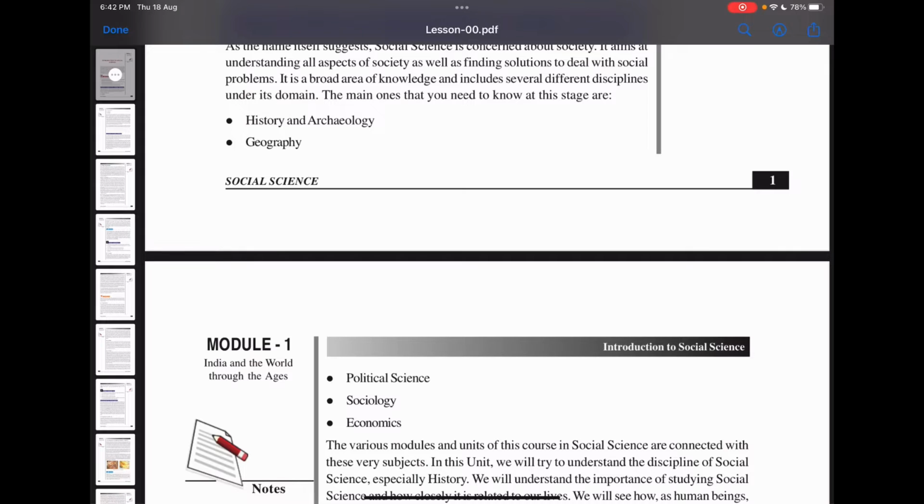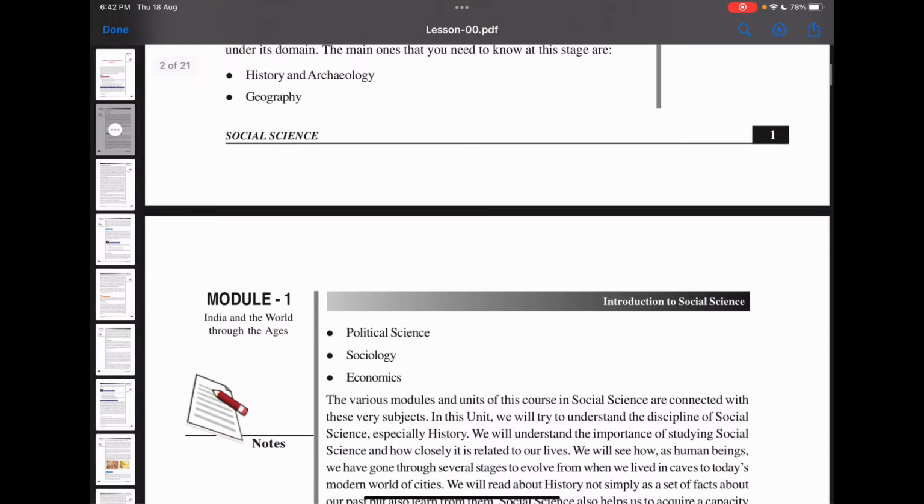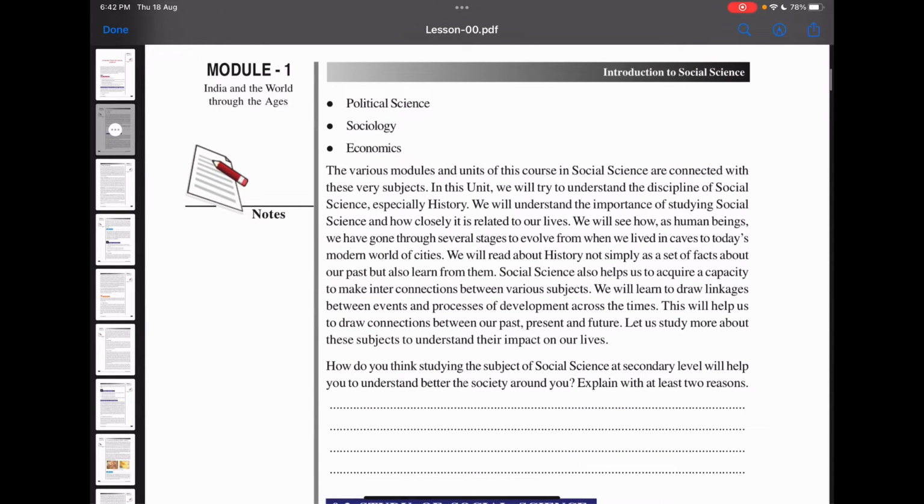Political science is about how a society ran itself, that means how a society governed itself. Sociology is about the society, and economics is about how you earned money or how a society ran at that time, what kind of currency you had or what kind of system you had to do any kind of transaction.